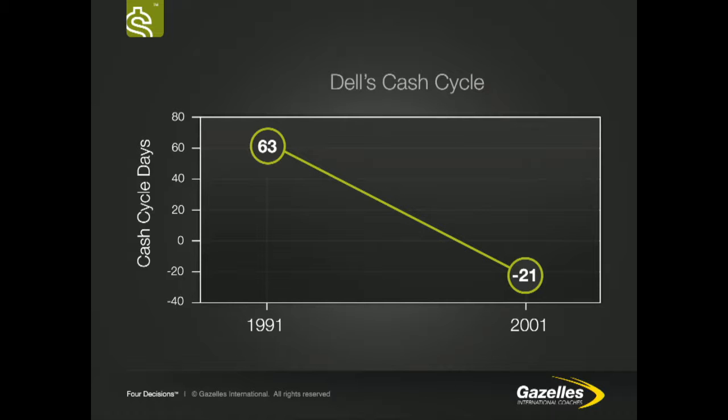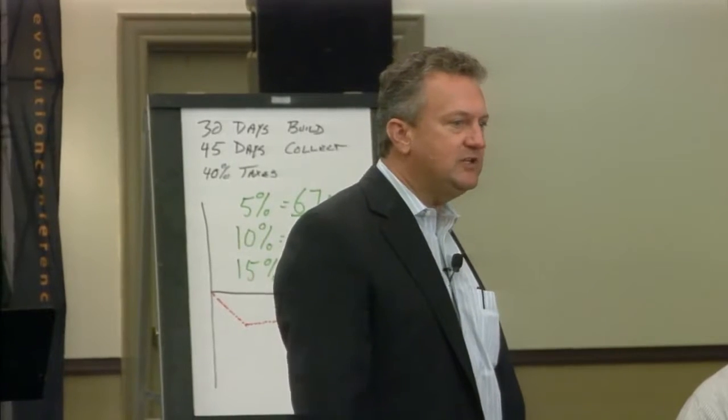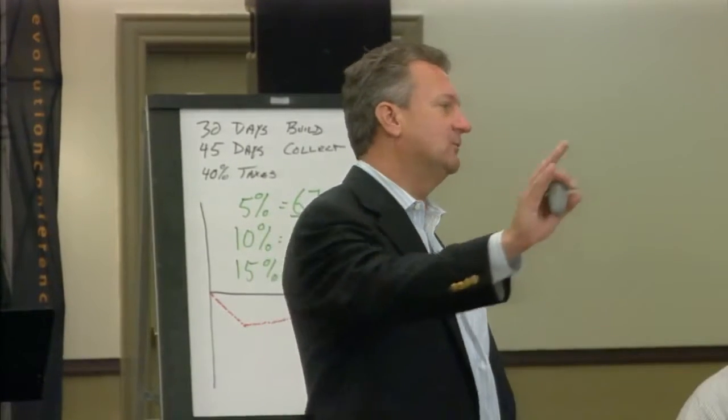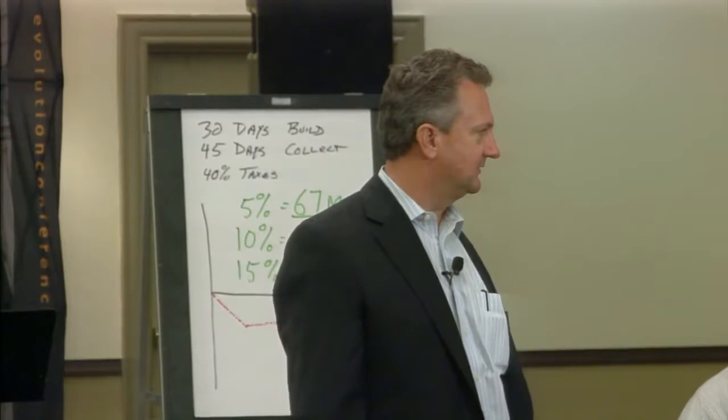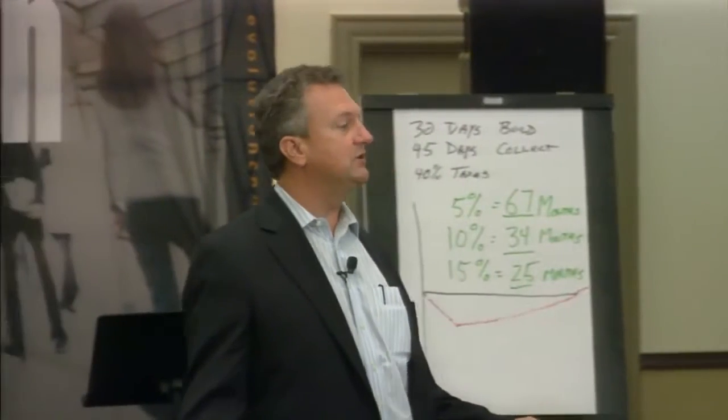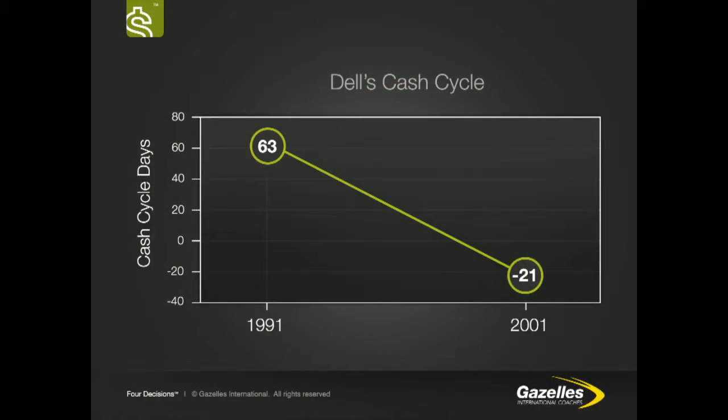And then they started to beat up on all their vendors, and they're like, hey, Ed, we need you to send us a whole bunch of hard drives so we can fill these orders, and oh yeah, we'll pay you in 75 days. And so they actually use this to the point, in some ways they went too far. I heard they actually took that number to minus 39. I mean, it was just crazy how much they changed this cycle.